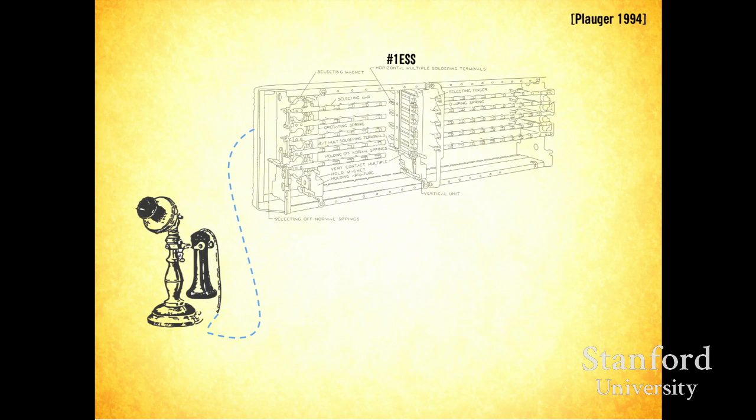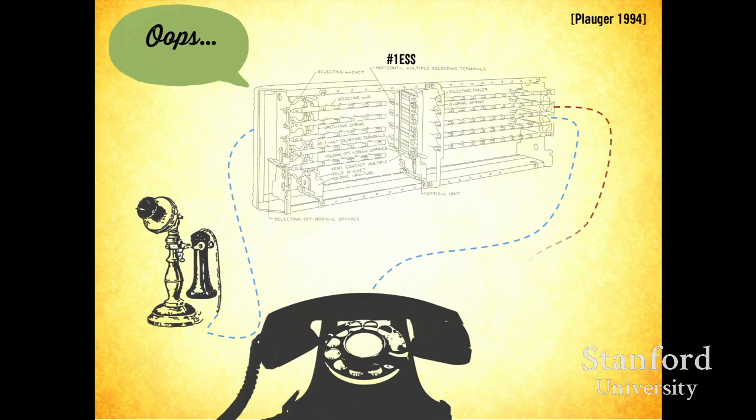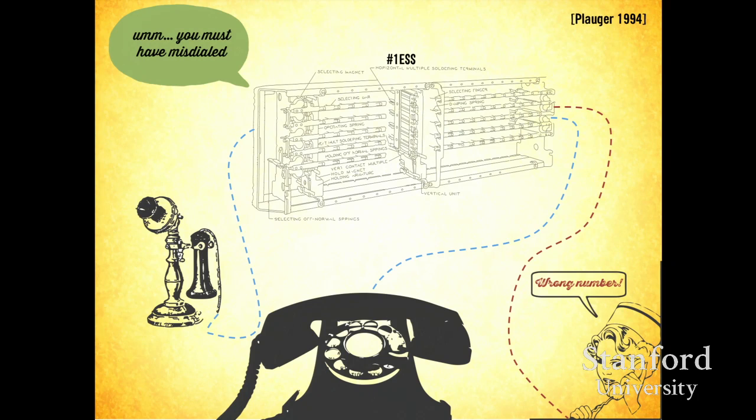You would dial in, and there was some mechanical and electronic infrastructure that would make a connection. Turned out that every once in a while, in most cases it would connect you to the person you were actually calling, but there were situations where it would connect you to the wrong person. And the system knew that it was making this mistake as it was making it. There was actually infrastructure in there to detect those kinds of misconnections, but it was really hard to do anything about it. One solution might have been to hang up.